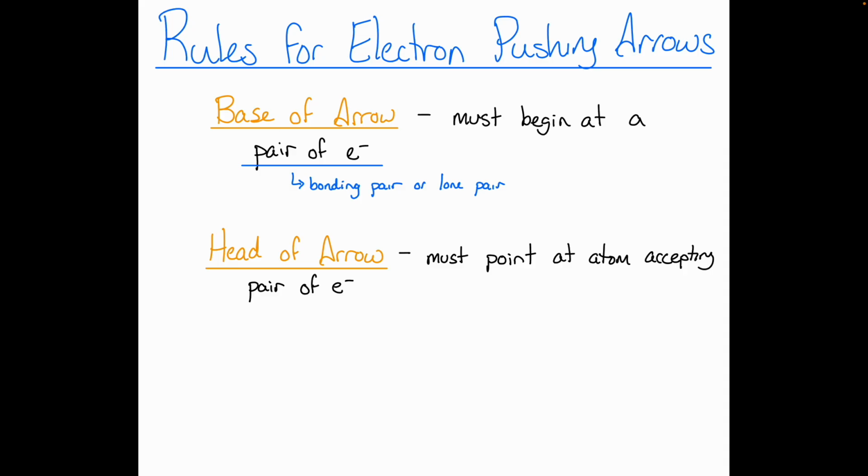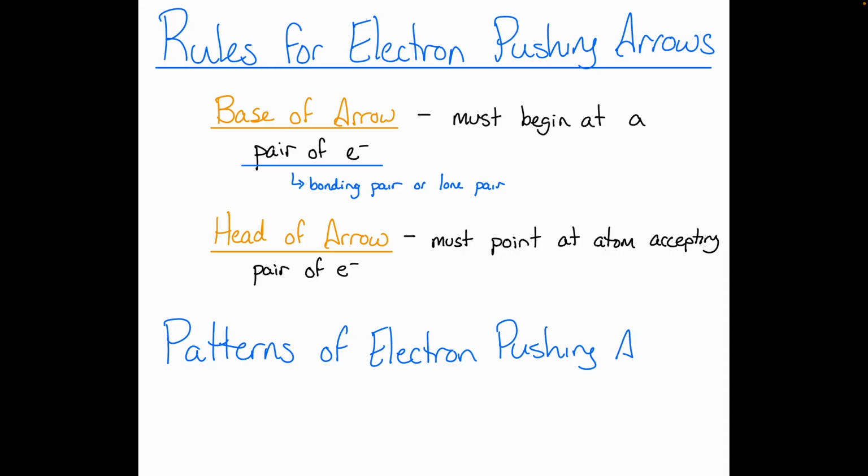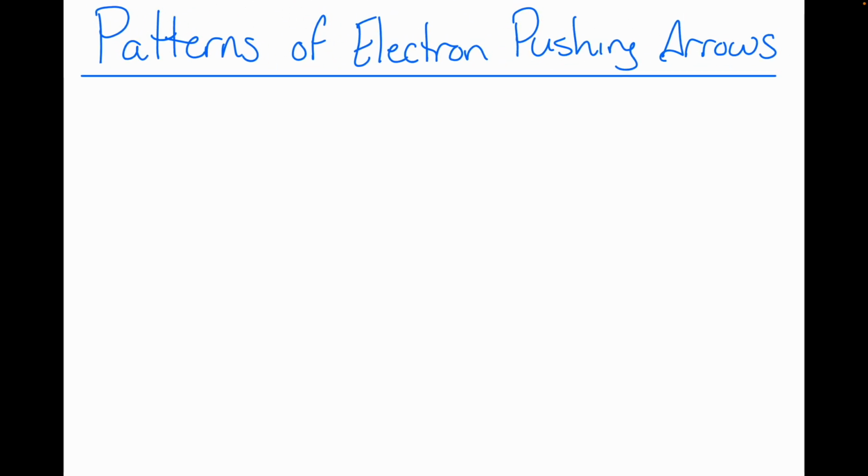Okay? Now, there are certain patterns of electron pushing arrows that we're going to see over and over again. So now we're going to talk about our patterns of these electron pushing arrows. All right, and we have an example of the two big ones up there.